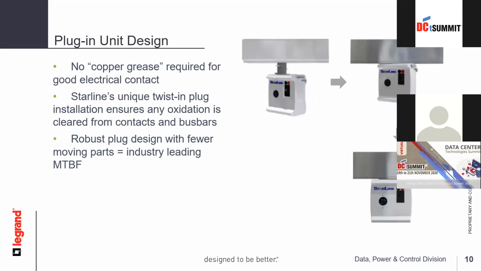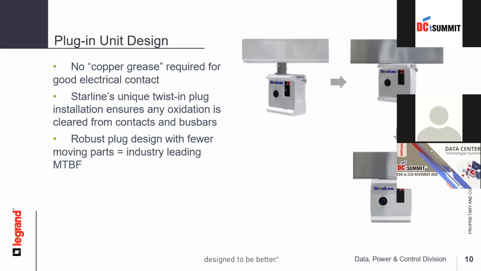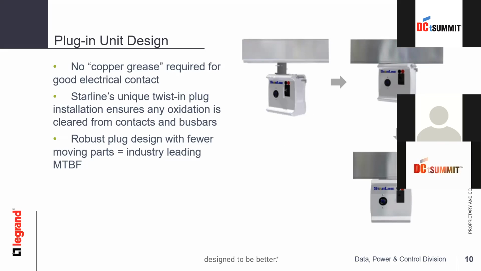The manner in which the plug-in unit or tap-off makes a connection to the bus is extremely important to data center reliability. Some products use conductive leads to ensure good electrical connections or make the connections via point contact with bus bars. But both of these designs can be unreliable and could lead to issues in the future.